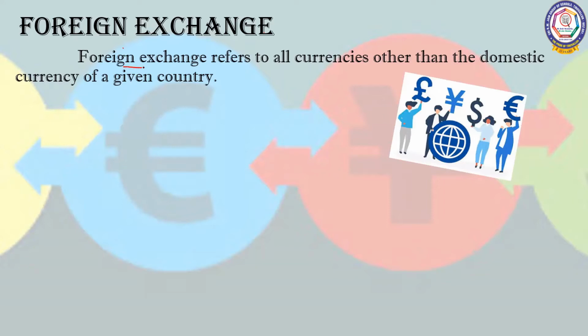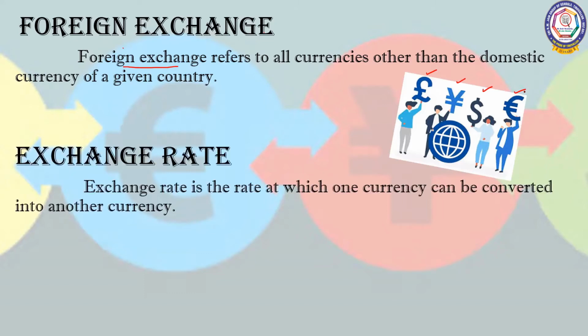Foreign exchange refers to all currencies other than the domestic currency of a given country. India's currency is Indian rupee. All other currencies other than the Indian rupee are called foreign exchange. Pound sterling, yen, dollar, and euro are foreign currencies.